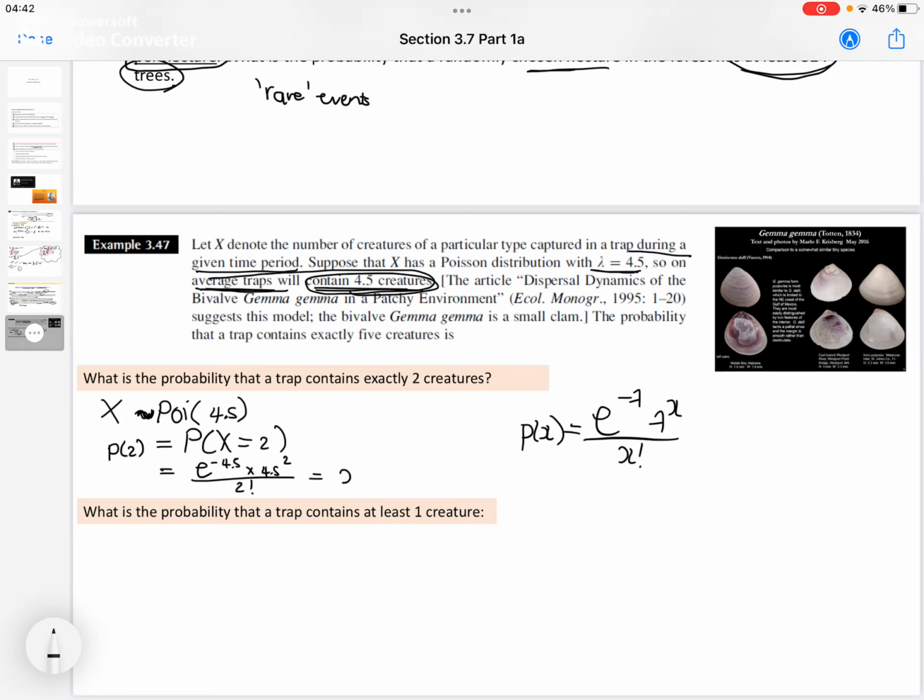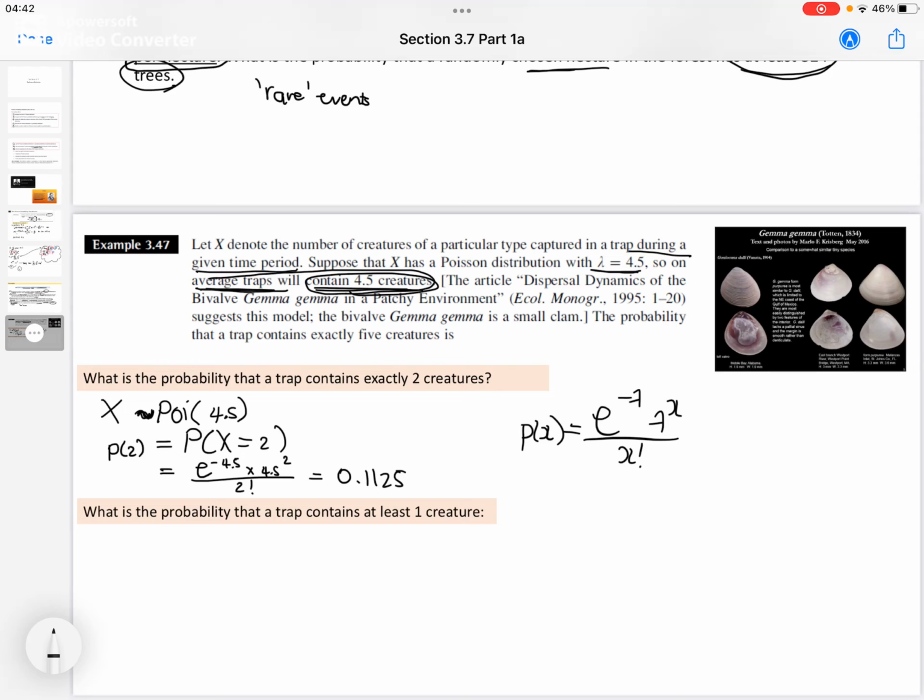Now this is equal to 0.1125. So there's about a 0.11 probability that a trap will contain exactly 2 creatures. It's a relatively low probability, but it is possible, right? So an 11% chance.